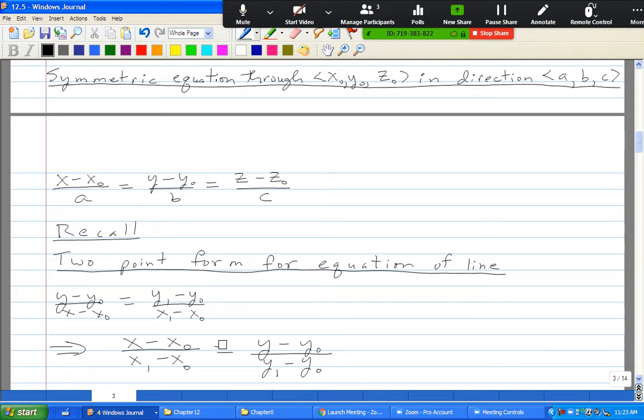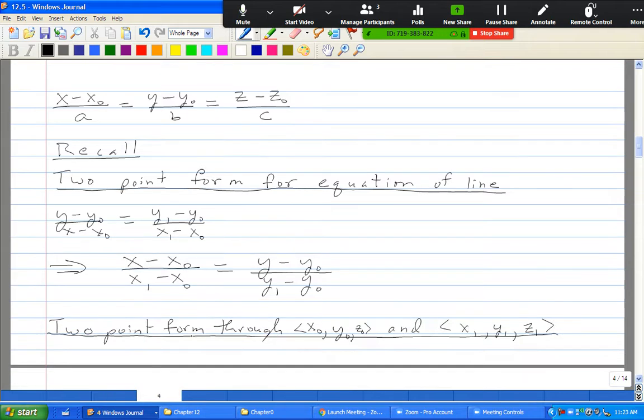I can rewrite that, basically cross multiply, so bring this one over here and that one over there. If you do that, then you just get x minus x0 over x1 minus x0 equaling y minus y0 over y1 minus y0. Okay.